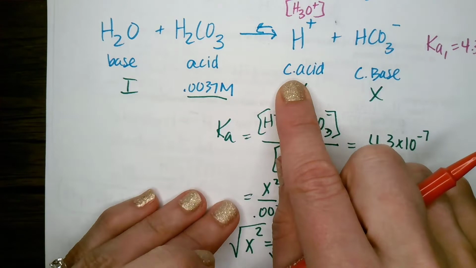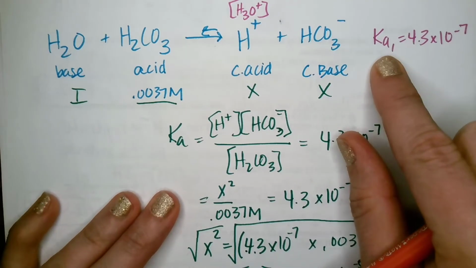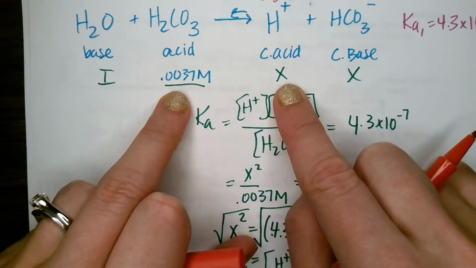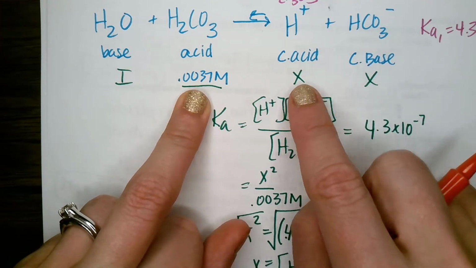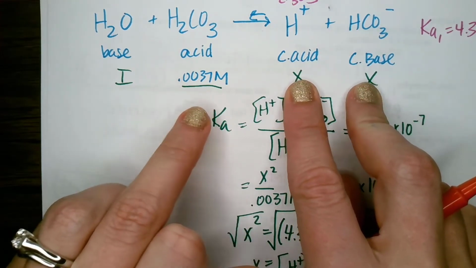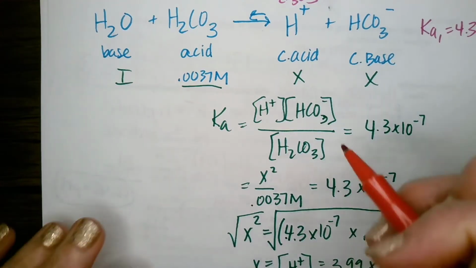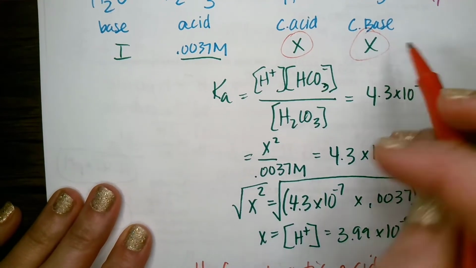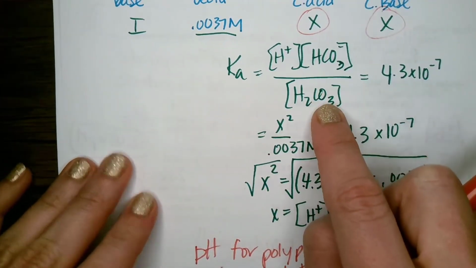So we have our acid in water, which is the base, and we found our Bronsted-Lowry conjugate acid and conjugate base. We looked up carbonic acid's Ka1 constant. We knew the concentration that we started with for this acid, and because of the 1-to-1 ratio, we needed to find these x's.